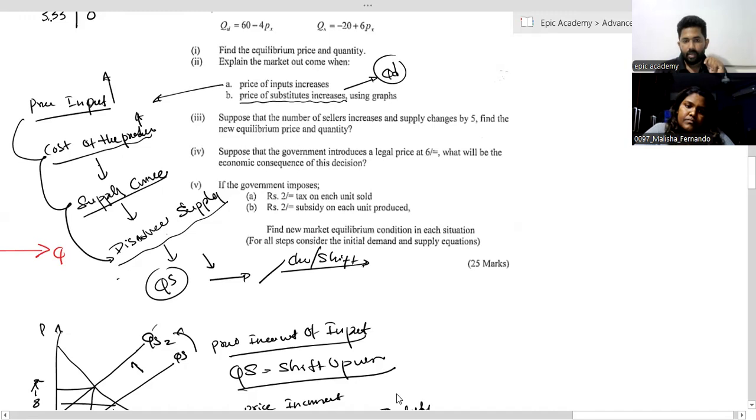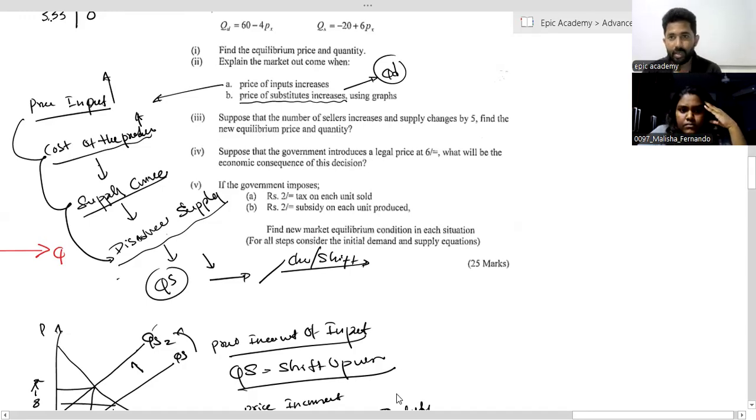In here, you have to identify that according to a change in the number of firms in any kind of industry, it already changed the quantity of supply.